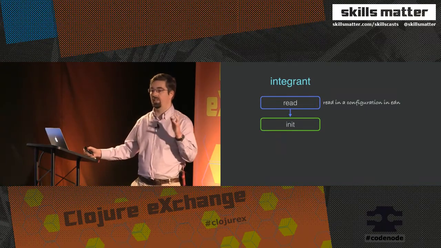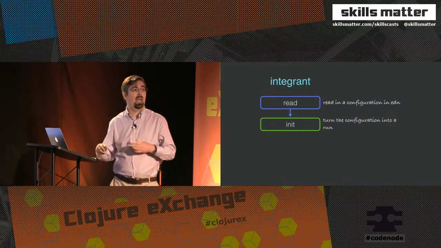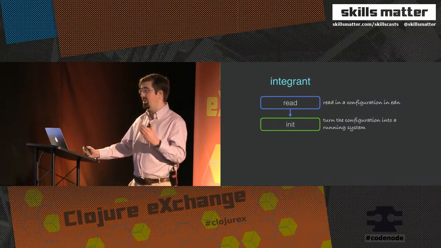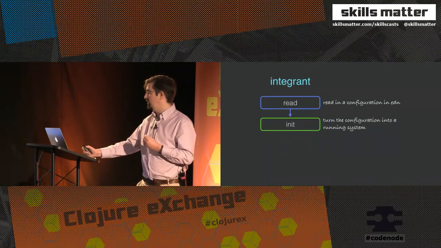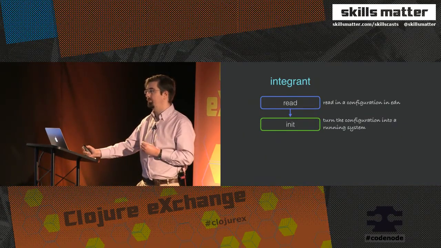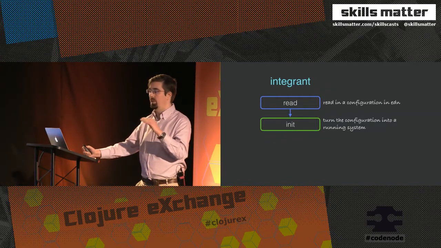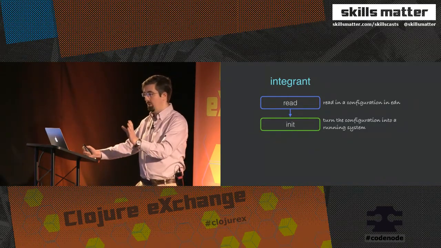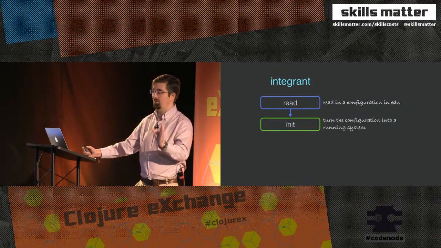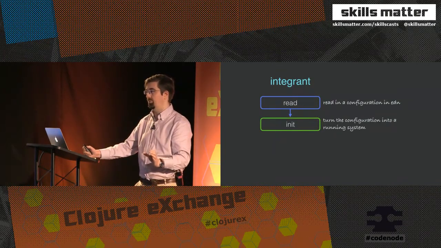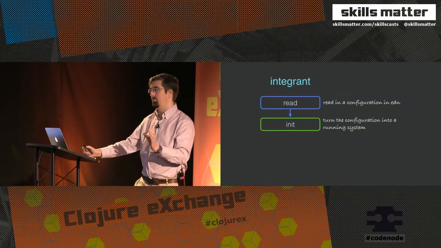It just has an EDN configuration. And then it has an initiate method, or init, which turns the configuration into a running system. It doesn't bother having this intermediate step of turning the data into components and starting the components. It just turns the data directly into a running system without any intermediate solution.